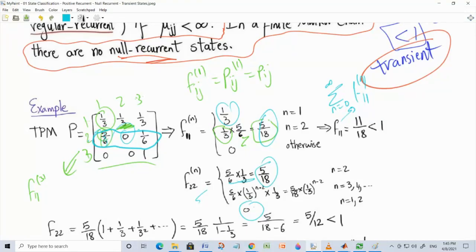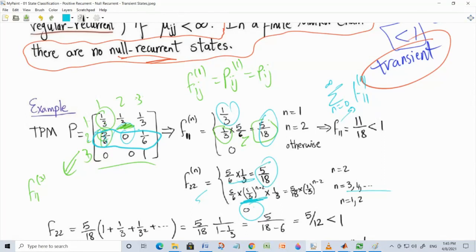If you want to go into 2 for the first time in n steps, then you start in 2, you make a transition to 1, and then you remain in 1. You remain doing self-transitions in 1, 1 to 1, 1 to 1, 1 to 1. Again, you are prohibited from going to 3 because it's an absorbing state, and you are prohibited from going to 2 because you are focusing on a first passage probability.